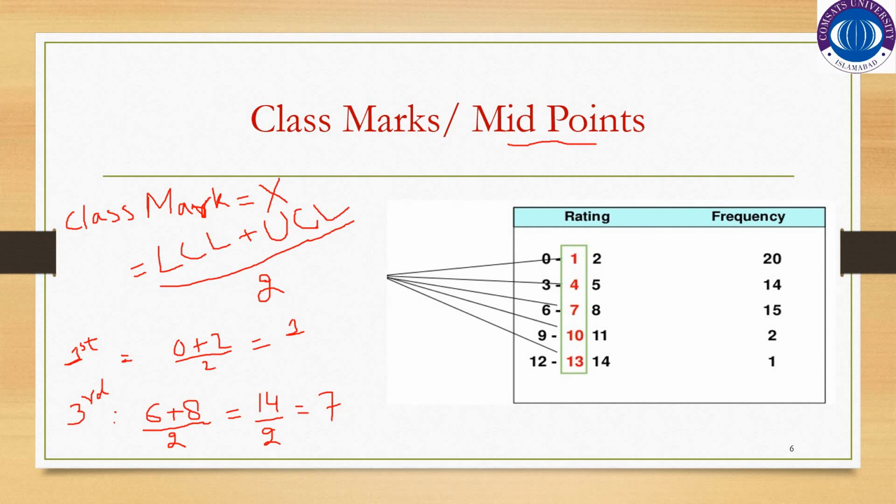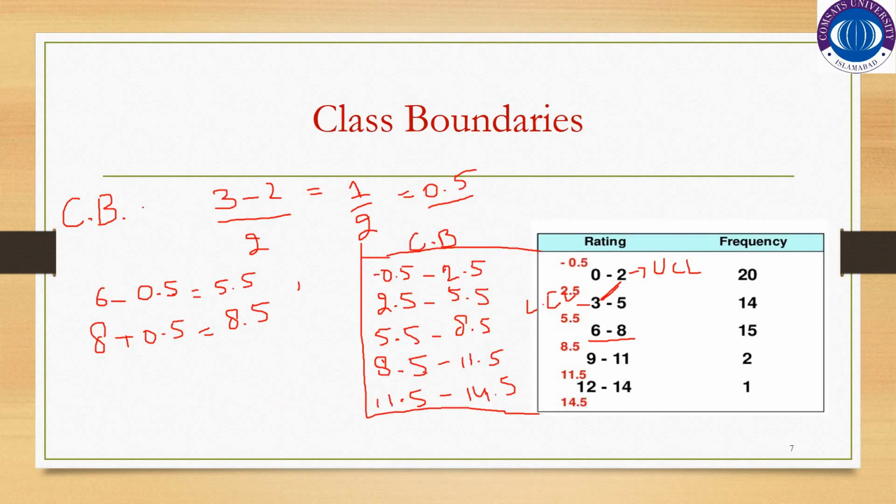If we are given class marks, then the difference between two consecutive class marks is the class height. Similarly, if we are given class boundaries, then the difference between two consecutive lower boundaries or upper boundaries is the class height.